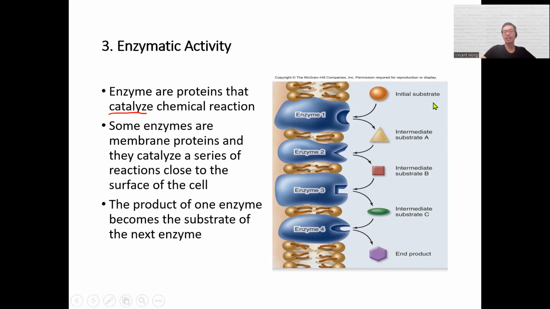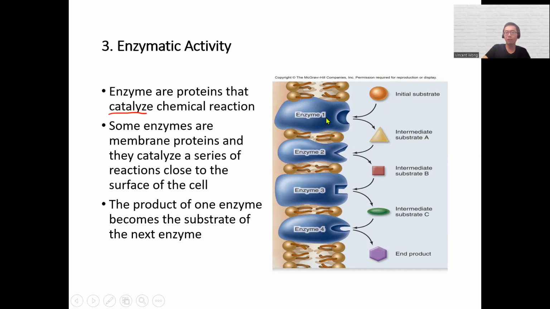We have a starting substrate. Substrate is the thing that the enzyme works on. It goes into enzyme 1, it becomes something else, but that's not the end of it. It needs to go into enzyme 2, and so on and so forth. It needs to go through 4 different enzymes before you get the end product that you need. Rather than having these enzymes scattered throughout the cytoplasm, it makes more sense to put them right next to each other in the cell membrane.